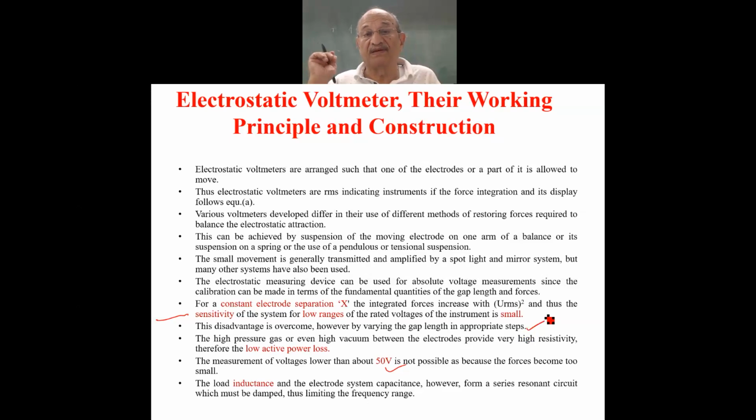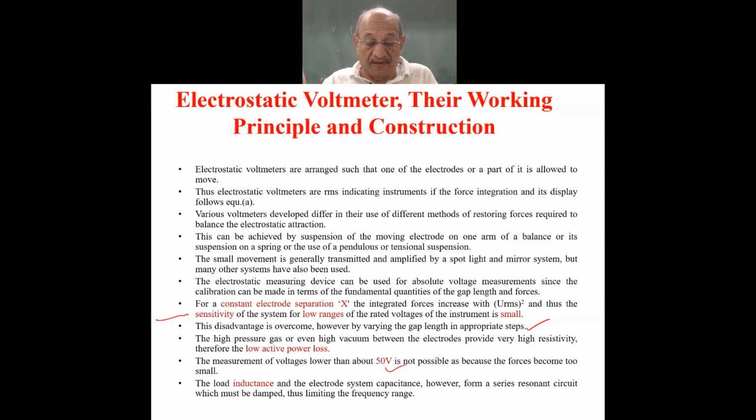The gap length between the two plates can be varied in appropriate steps. Well, I can imagine in a compact electrostatic voltmeter, the range may suffer more. So it may be used only for, for example, 1000 kV. So the minimum voltage measured may be not in hundreds, maybe in few kV.